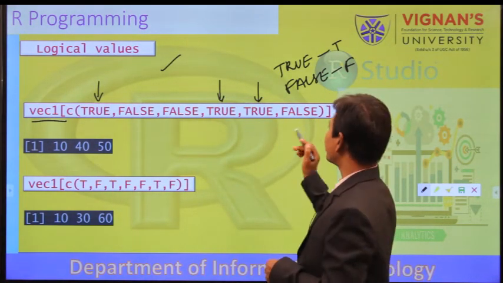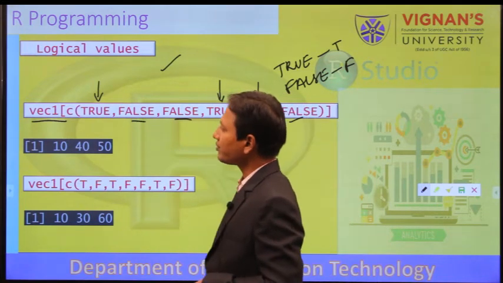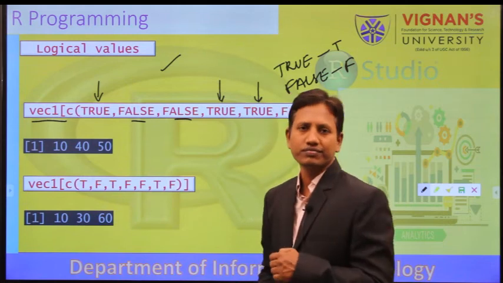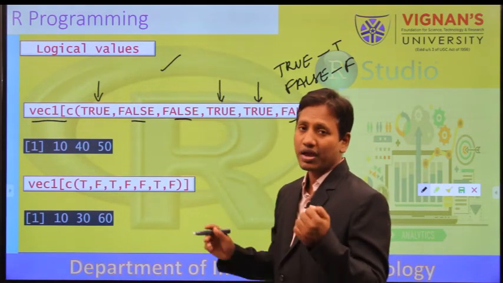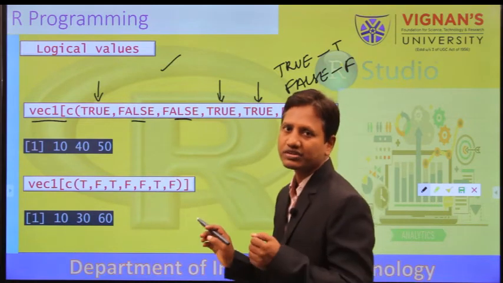Rest of other places we have kept false. And I have kept all these true false values into a vector.